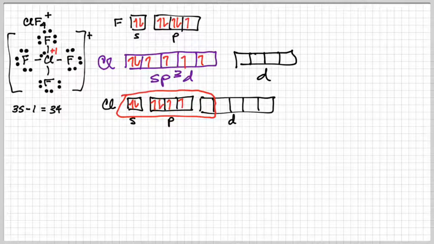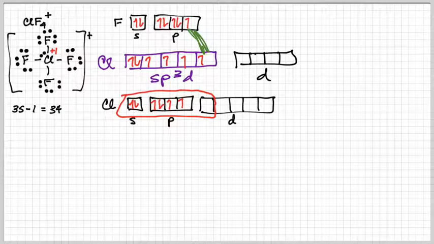So each fluorine is like this. So that can overlap with 1 of the orbitals on chlorine. And this one will overlap with another fluorine, and this is another fluorine, and this is another fluorine. And then this is the lone pair. And so we can do the bond notation.